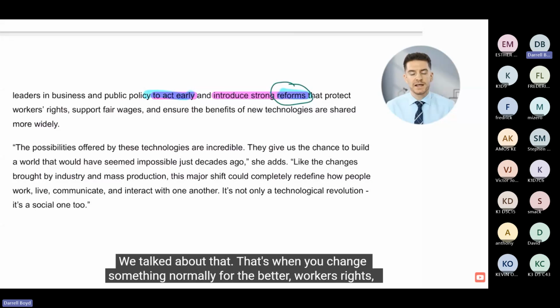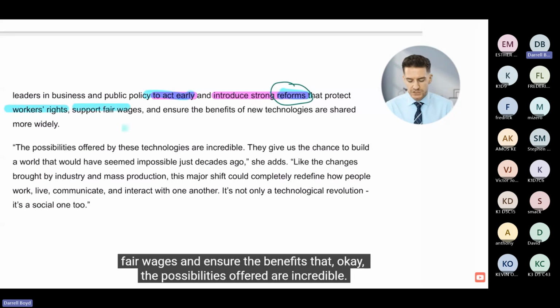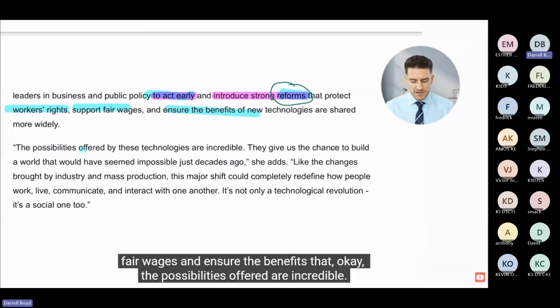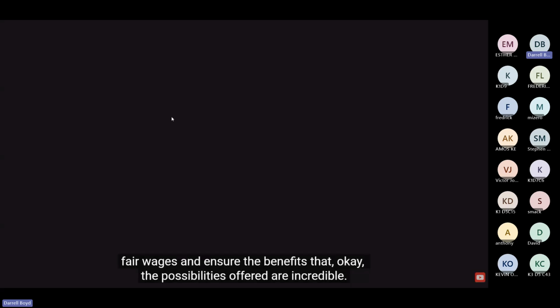We talked about that. That's when you change something, normally for the better. Workers' rights, fair wages, and ensure the benefits. Okay, the possibilities offered are incredible. The changes, this major shift could completely redefine how we work, live, and communicate.